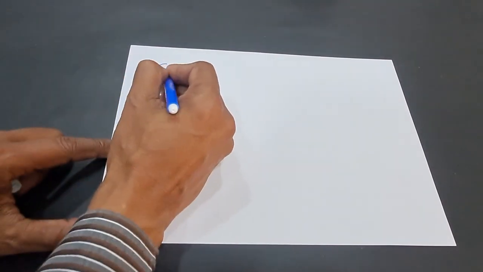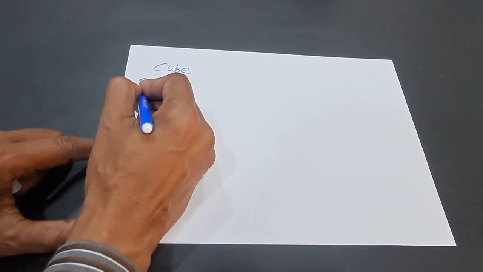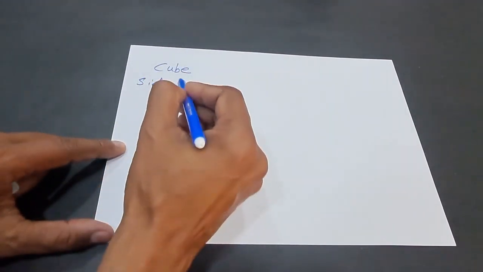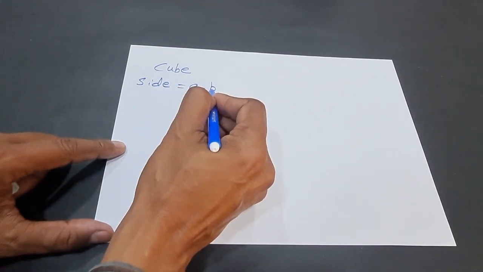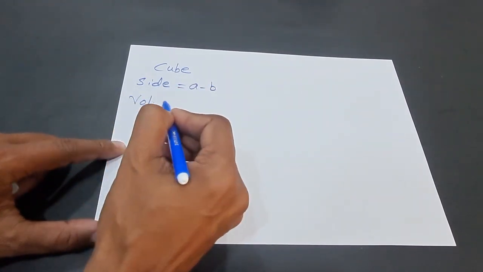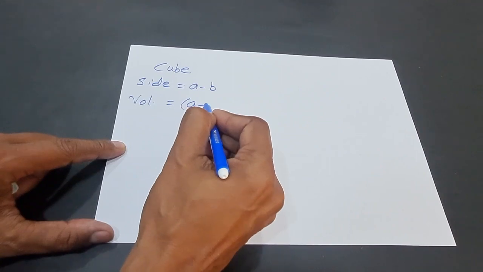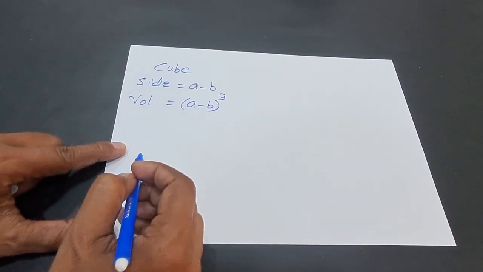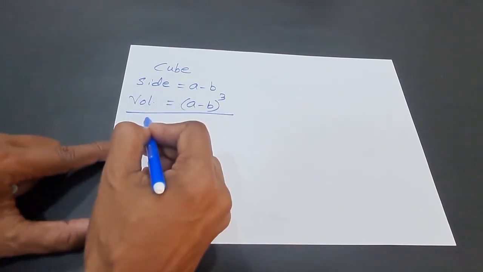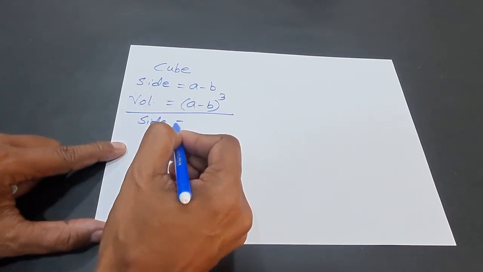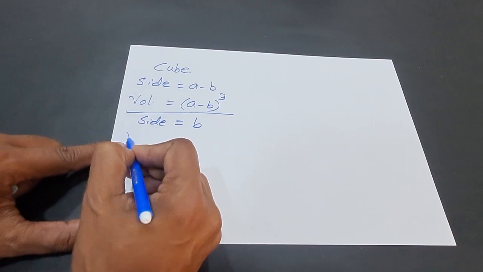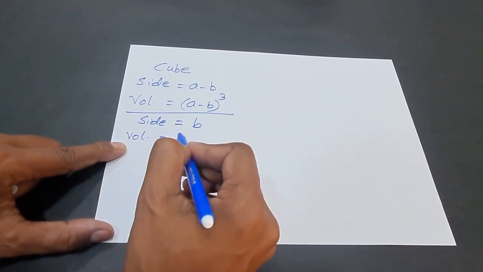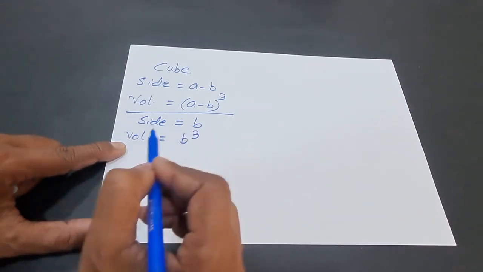For this activity, you require a cube whose side is a minus b, and therefore the volume of this cube will be (a minus b) whole cube. Likewise, you require another cube whose side is b, and therefore the volume of this cube will be b cube.